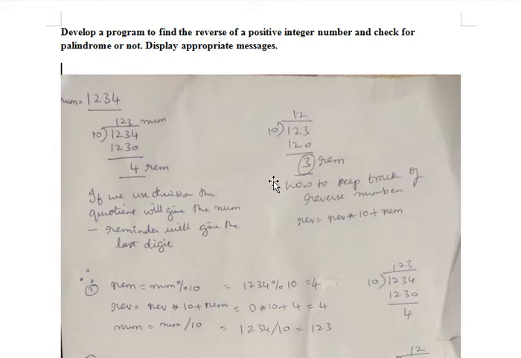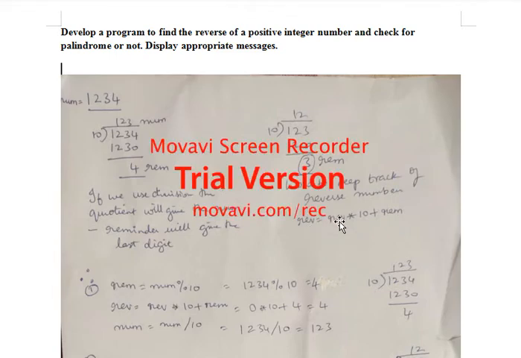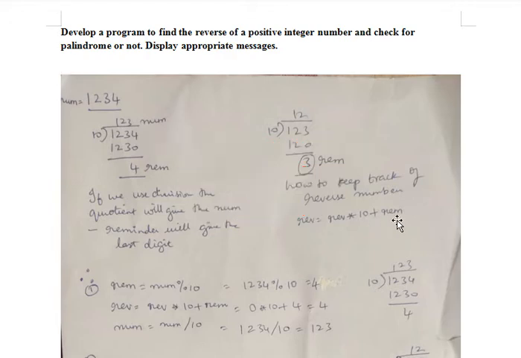We can take one more variable, reverse. First, initialize it to 0, because the first time we just want 4. So reverse is equal to reverse into 10 plus remainder. The first time, when we initialize it to 0, 0 plus remainder 4 gives 4, so 4 will be there in reverse.